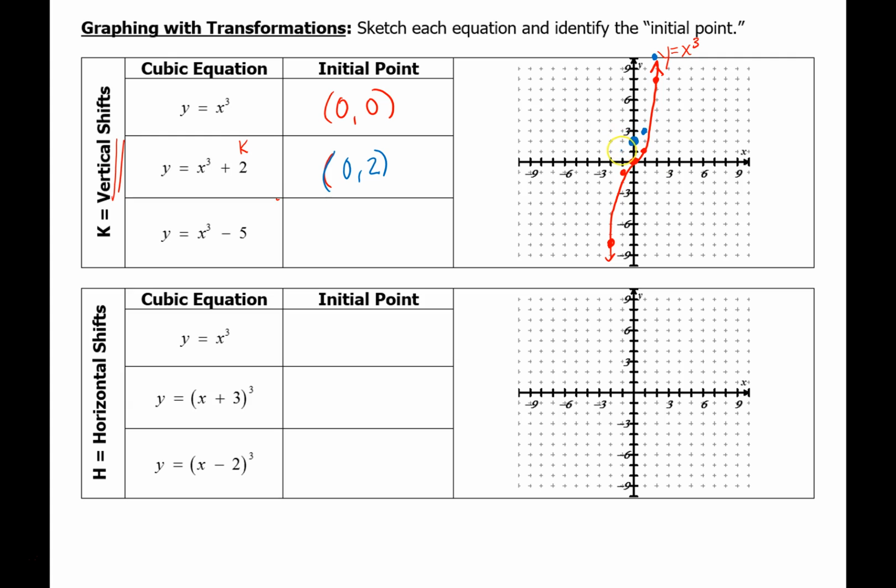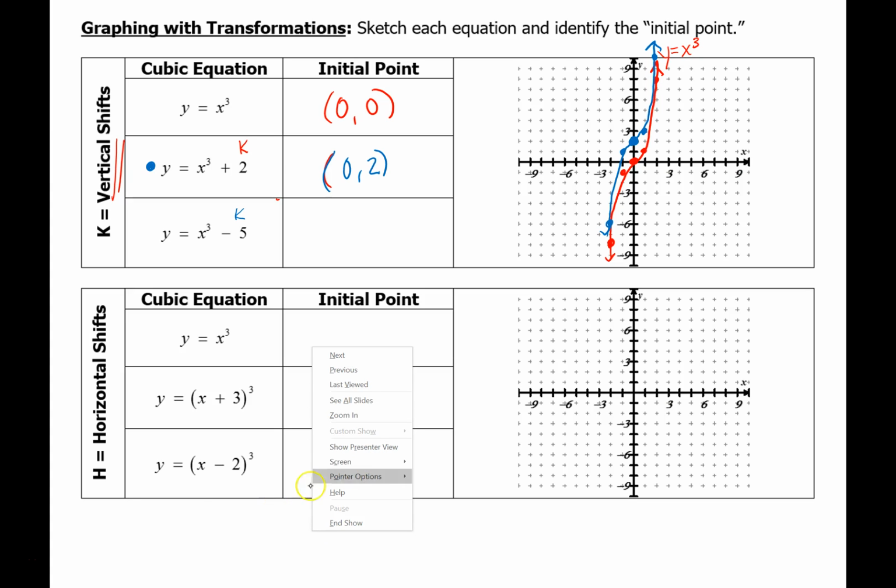When I go to the left, that's going to take me to that point, and then 2 to the left, down -8 is going to take me here. So that means that blue graph is shifted up 2 units.